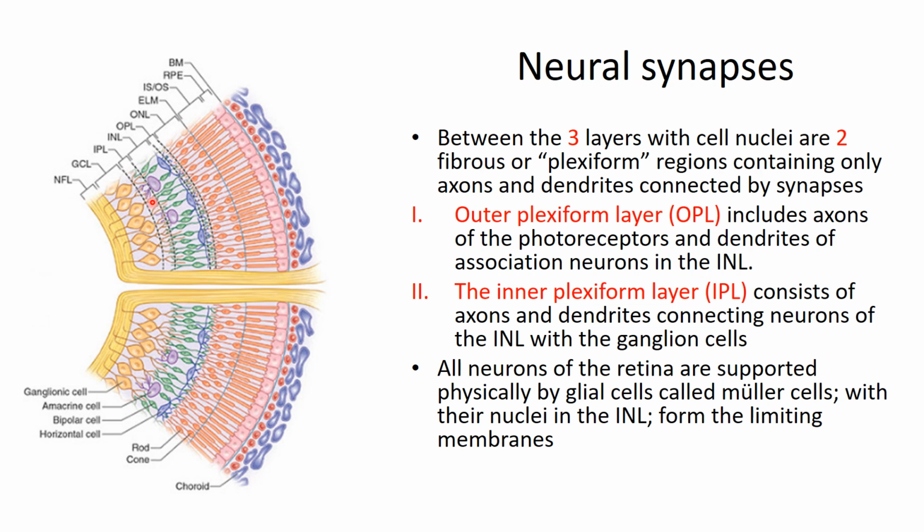And then this is the inner plexiform layer. It consists of the axons and dendrites connecting the neurons of the inner nuclear layer with the ganglion cells.